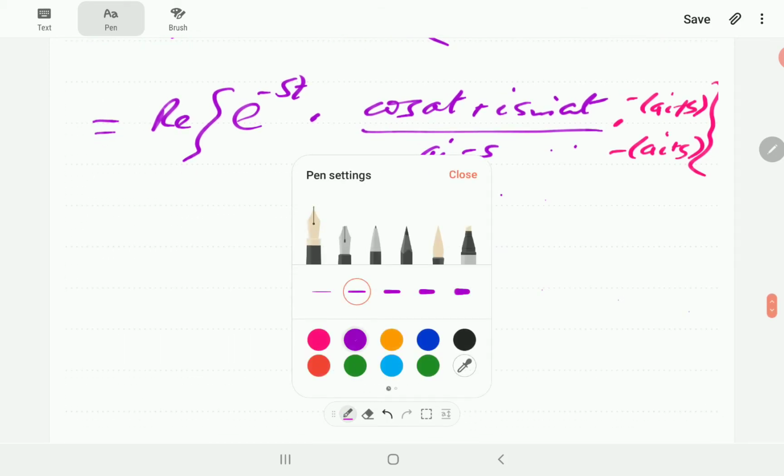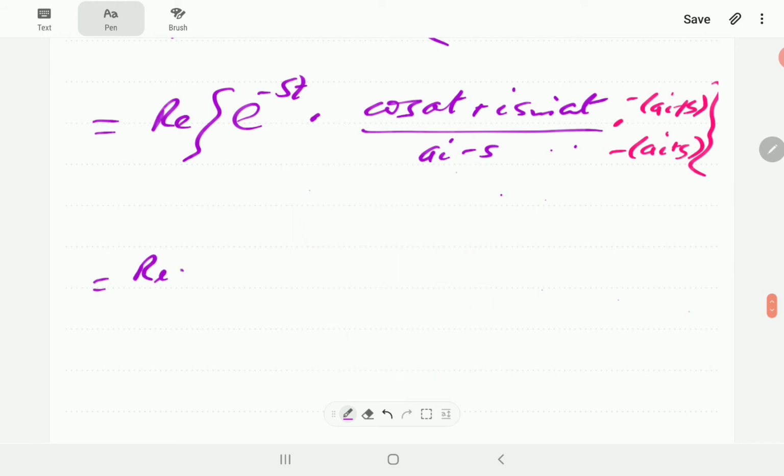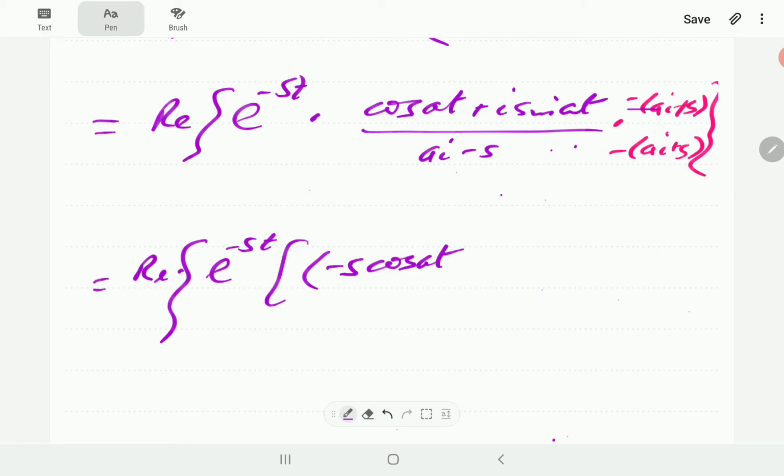So when we do that, this is what we are going to get. The real part is going to be, so let's see what's going to happen here. If you multiply negative s by cosine, that's going to give us a real term, and then negative ia times i sine at is going to give us a sine at.